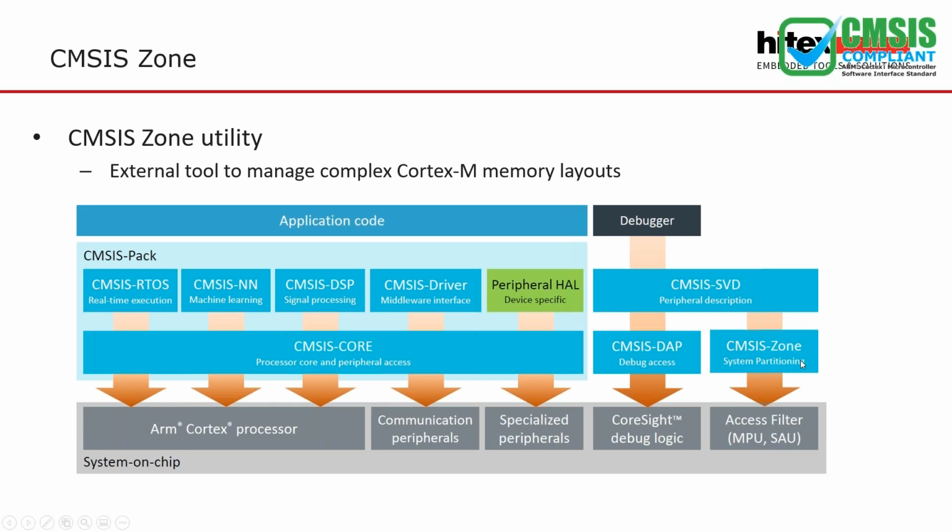This is essentially a standard and utility for partitioning the system. It allows us a very straightforward way to manage into what region code is allocated, and generate both the linker files and also the runtime code as well.